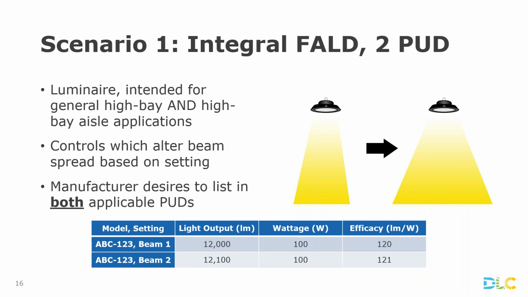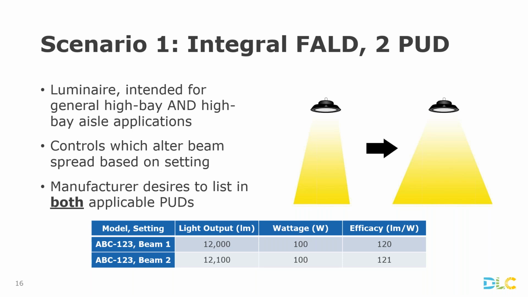So for the first scenario, we're going to consider a product which has field adjustable light distribution functionality controllable by integral means. Let's imagine a product generally intended for a high bay type scenario where the beam can adjust.